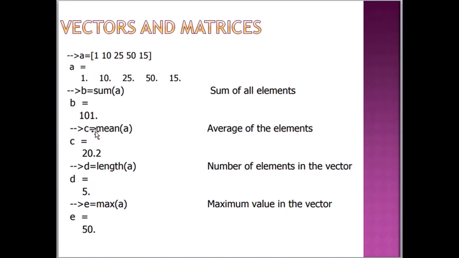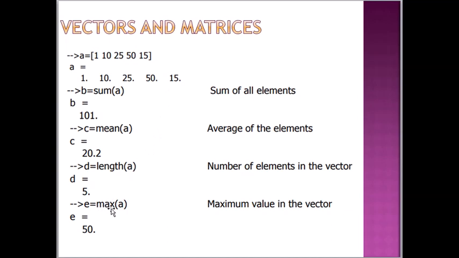Then we write C is equal to mean of A, which gives the mean of this matrix. And length of A, how much length do we have? 1, 2, 3, 4, 5. So we have a length of 5 for the A vector, which has numbers 1, 10, 25, 50 up to 15.